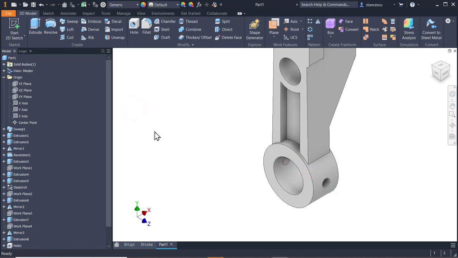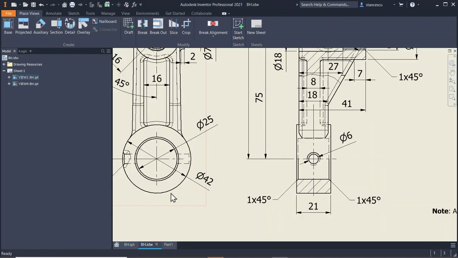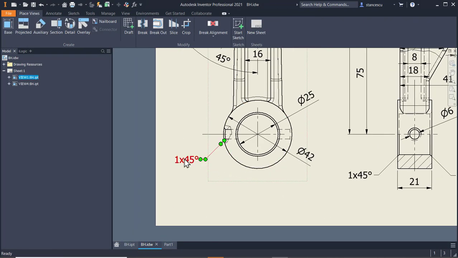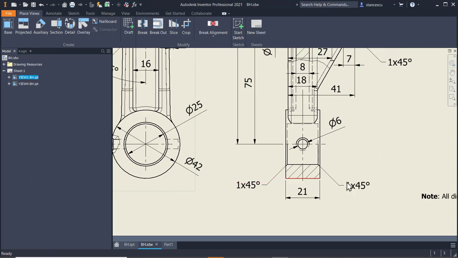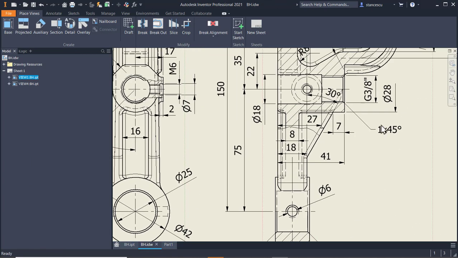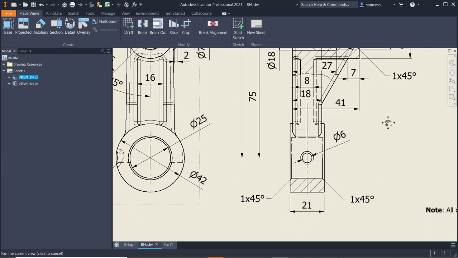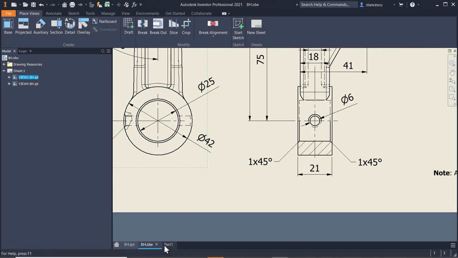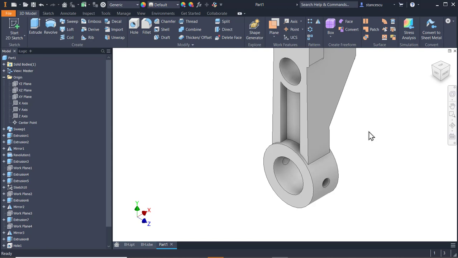Okay. Now chamfers. There are chamfers 1x45, 1x45, 1x45, 1x45. Good. Let's create them.